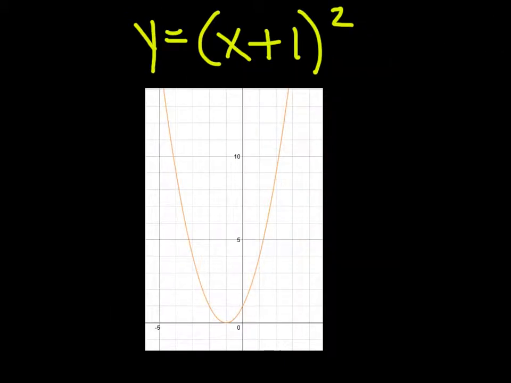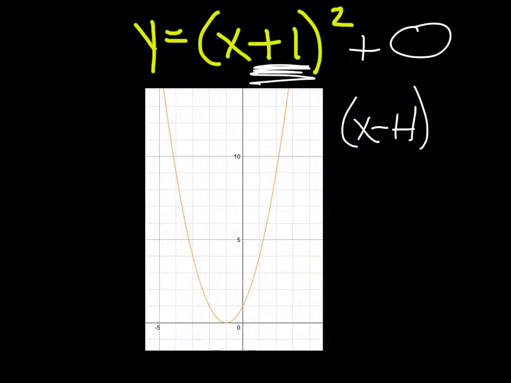But look what I'm doing now. I have a plus sign in there, just like we were talking about before. What point is this vertex on now? Negative 1, 0. So look at this. The negative 1 came from here, and the 0 came from there. The general form has a minus sign in it.